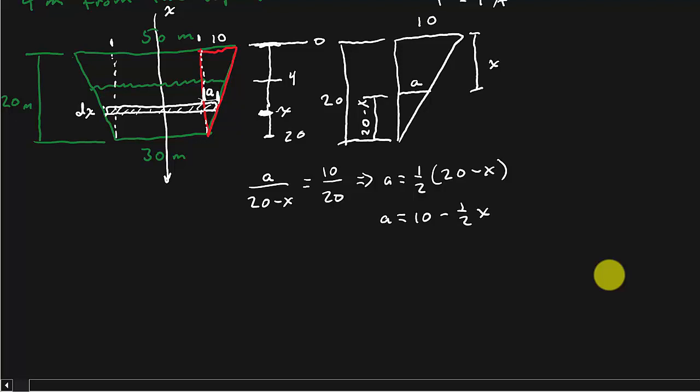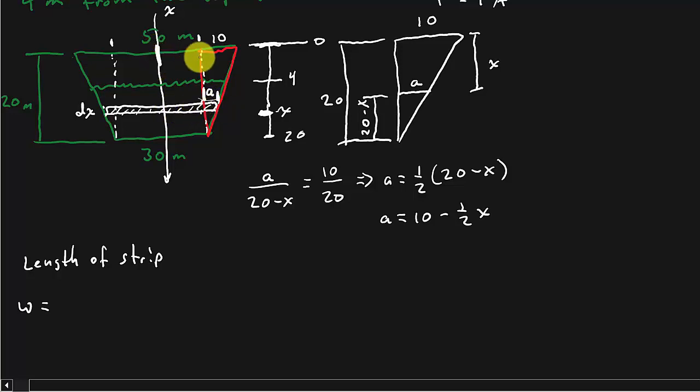So now let's look at the length of the strip. We'll call that W. That is equal to what? Let's just look at this side right here, and then we'll have to double it.